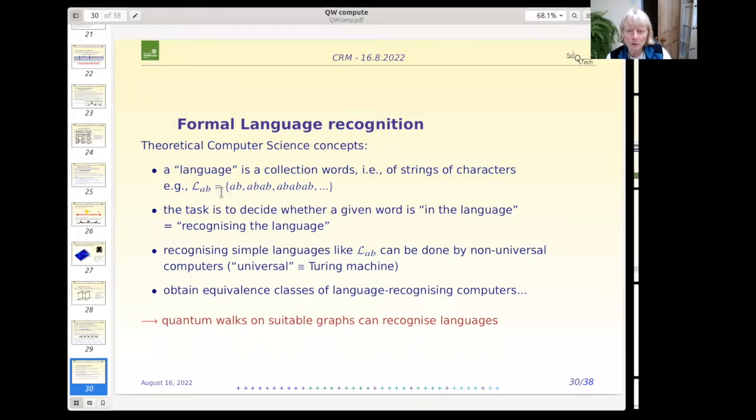In this case, we've got 2 characters, A and B, and the words in the language all go A, B, A, B, A, B, always like that, starting with an A, followed by a B, followed by an A. Recognizing simple languages can be done by non-universal computers, so small computational devices. And you get equivalence classes of language recognizing computers. And quantum walks can do this.